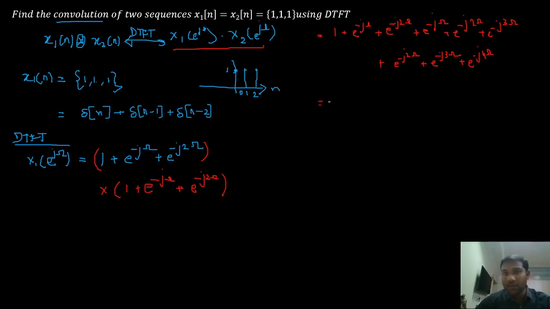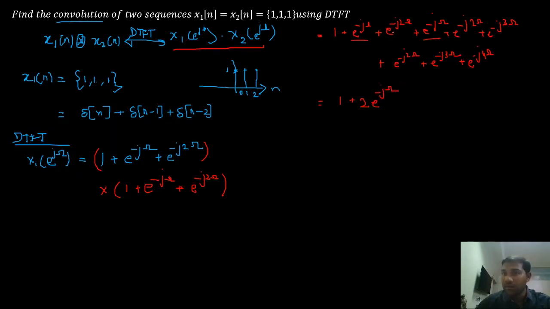So simplifying this, I have 1 plus e power minus j omega and e power minus j omega. So 2 e power minus j omega, right?